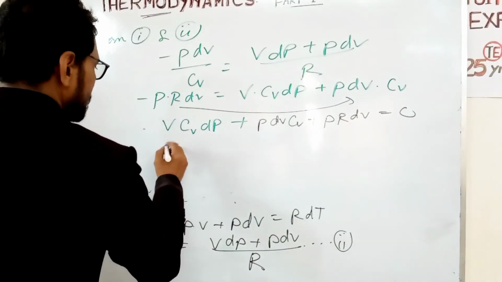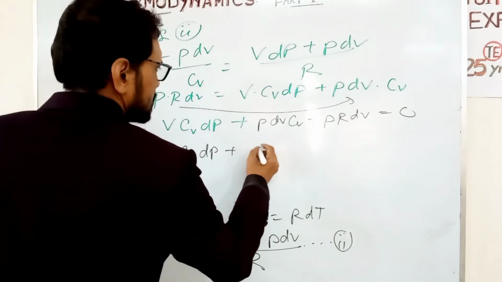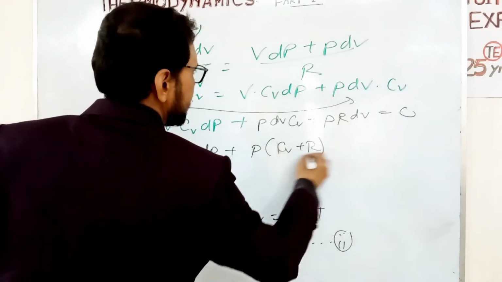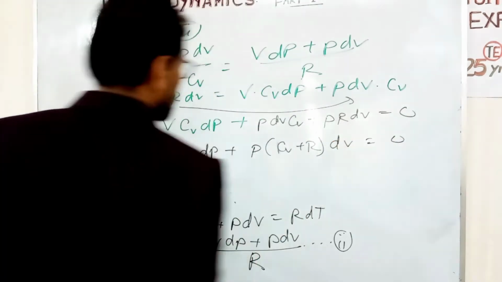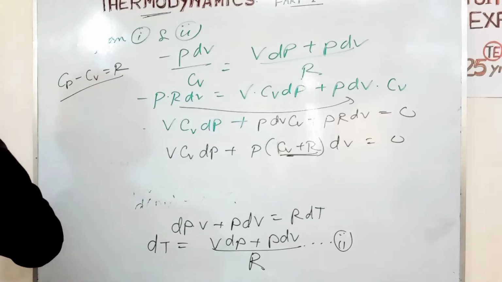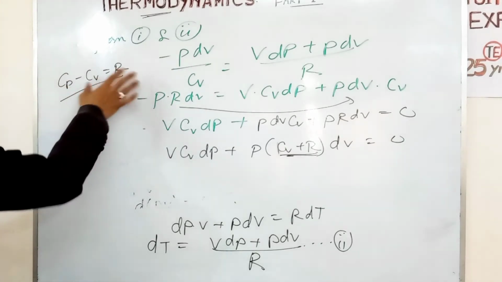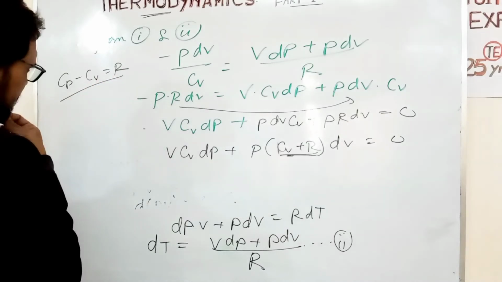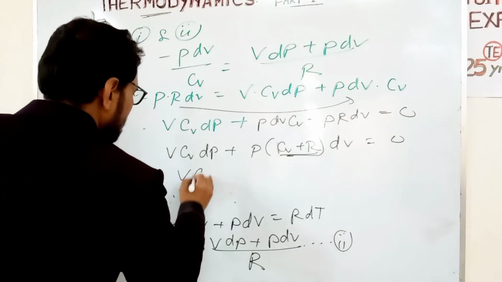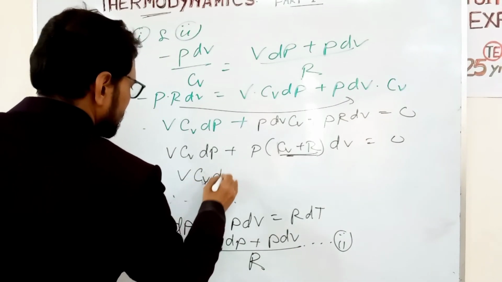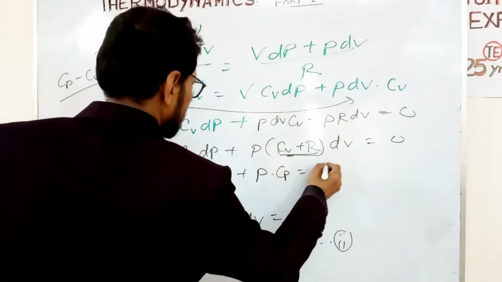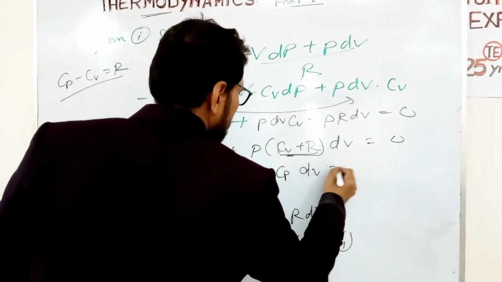Taking dV common, V Cv dP plus P (Cv plus R) dV equal to 0. The formula is Cp minus Cv equal to R, so Cp equal to Cv plus R. I will discuss how Cp minus Cv equal to R later. So V Cv dP plus P Cp dV equal to 0.